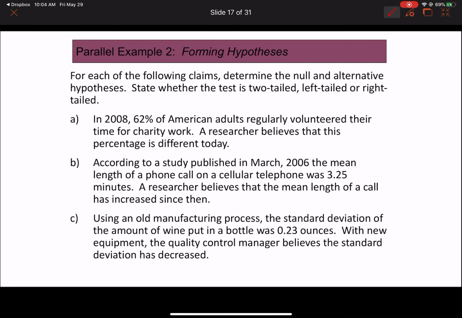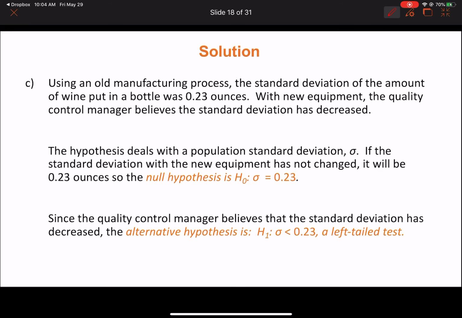Let's look at the last one. Using an old manufacturing process, the standard deviation of the amount of wine put in a bottle was 0.23 ounces. With new equipment, the quality control manager believes the standard deviation has decreased. So here we're looking for standard deviation. Our symbol for standard deviation is sigma.